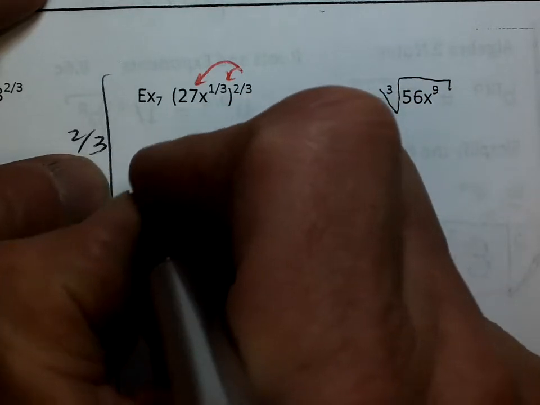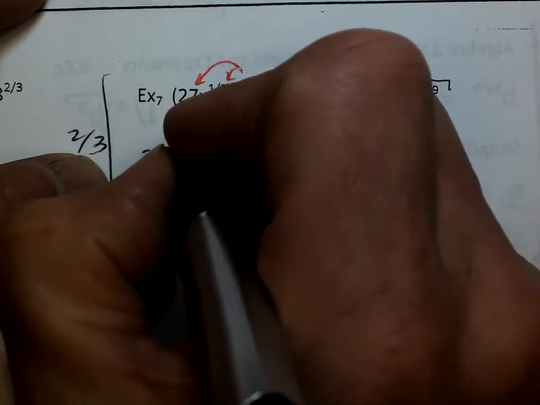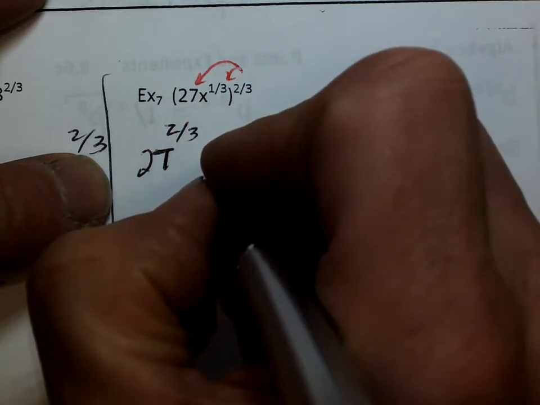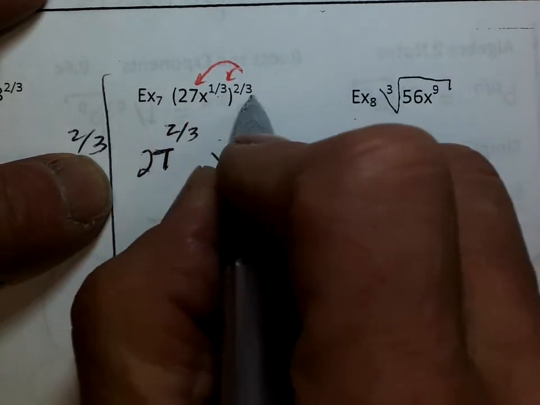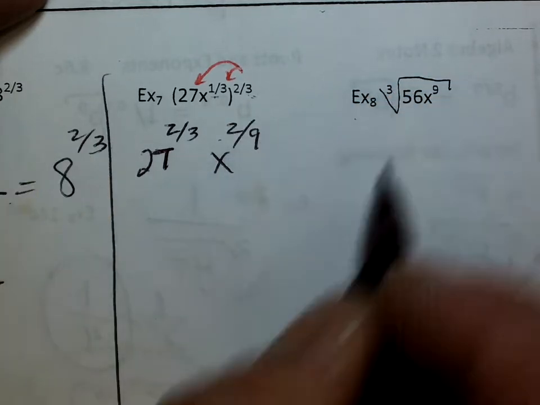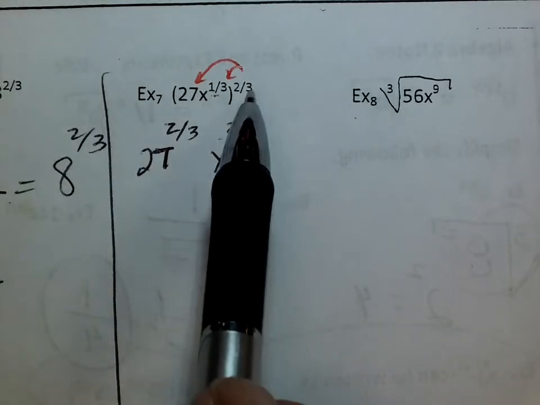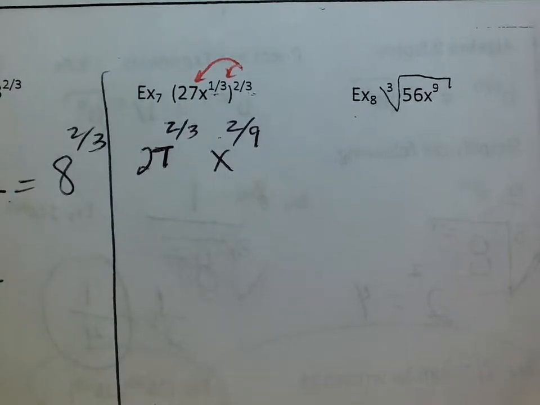So I'm going to have a 27 to the 2/3 power times an x to the, well, I got to multiply exponents, and I get a 2/9. So I gave the 2/3 to the 27, and on the x to the 1/3, I got to multiply exponents. So I just multiplied, and I got a 2/9.